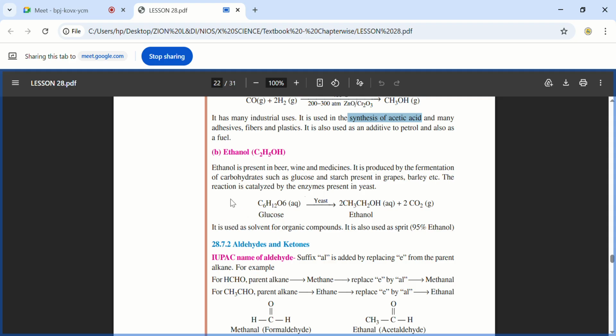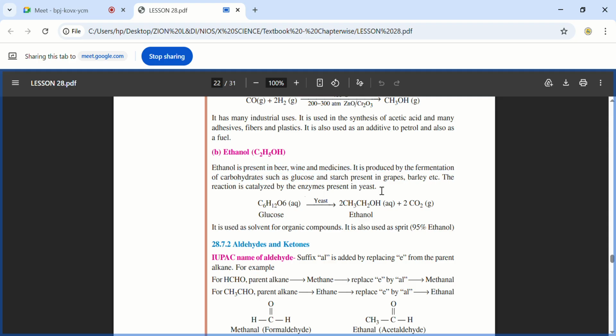C6H12O6 aqueous plus yeast gives 2CH3CH2OH aqueous plus 2CO2 gas. It is used as a solvent for organic compounds. It is also used as a spirit, 95% ethanol. Okay, good. So underline this: present in beer, wine, and medicines. Basically, ethanol is nothing but the sanitizer that we are using.